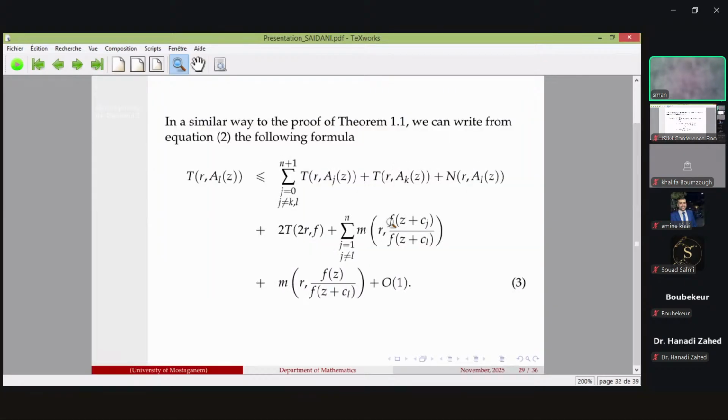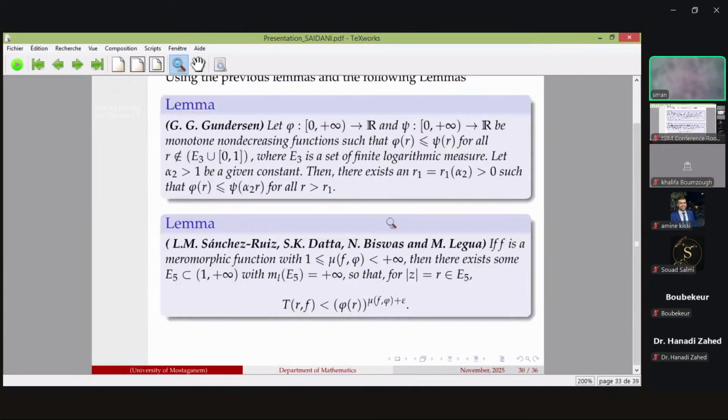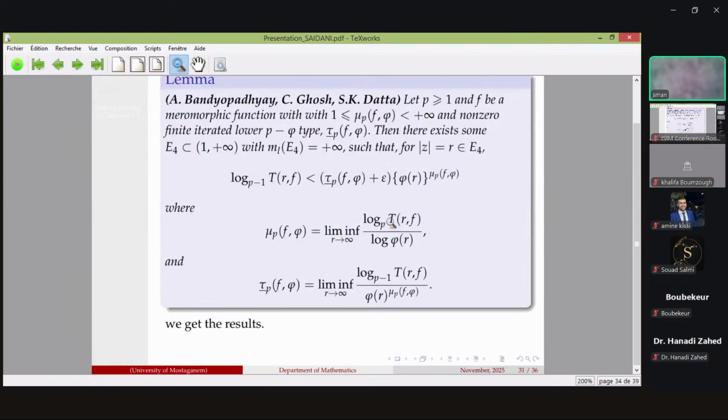In a similar way to the proof of Theorem 1, we can write equation 2 as follows, and we use the previous lemma and the following lemma of Gundersen and Heittokangas. We can obtain the result.